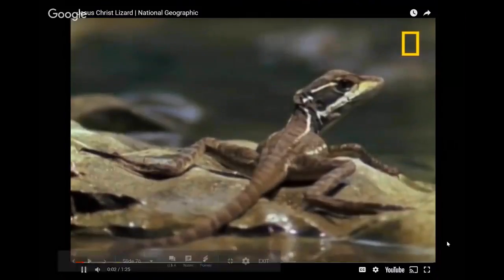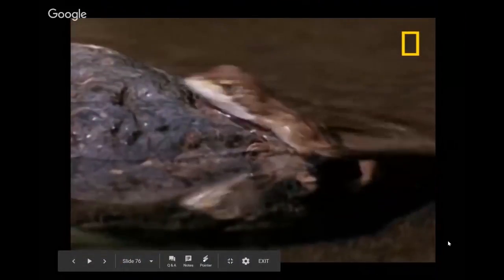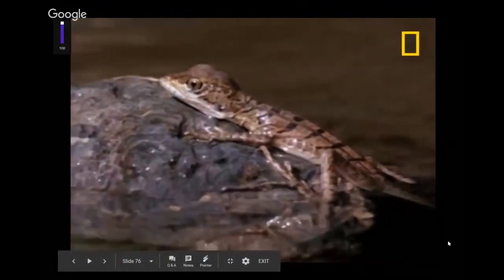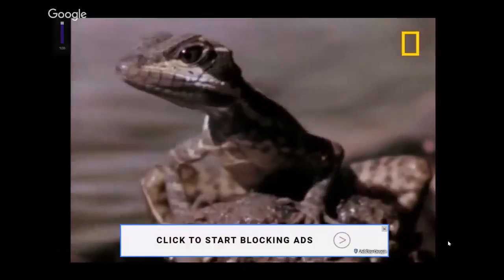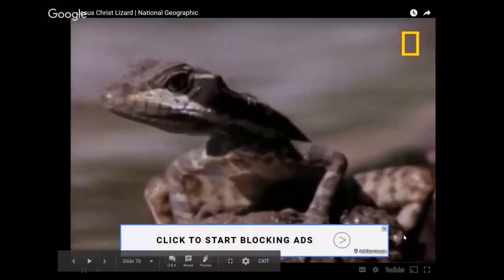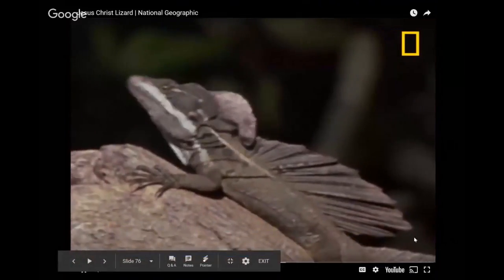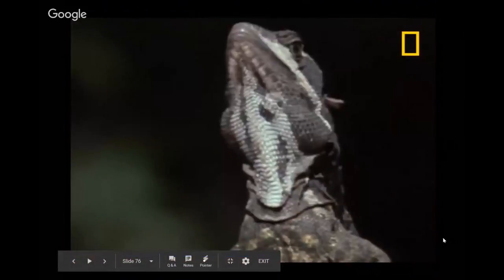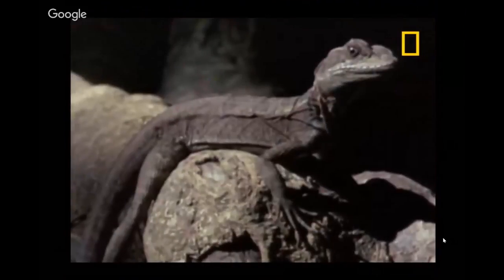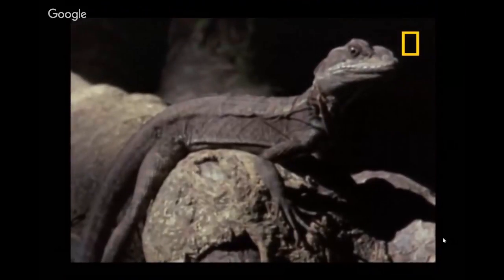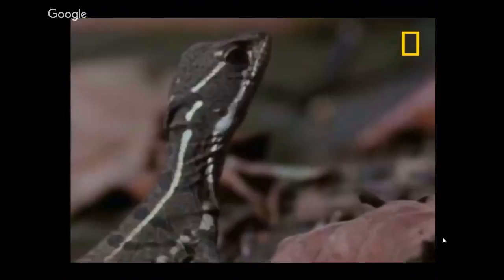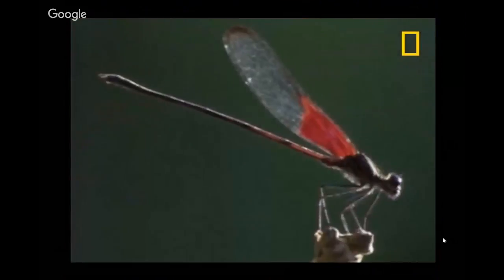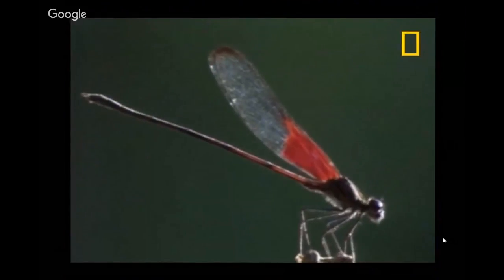Some young Costa Rican basilisk lizards are looking for food. Basilisks have been nicknamed the Jesus Christ lizard. Why? This adult male, probably the father of the young lizards, can't tell us. Nor can this female, exclusive property of the territorial male. It has nothing to do with the feeding habits of the basilisk, which consists primarily of insects and berries.